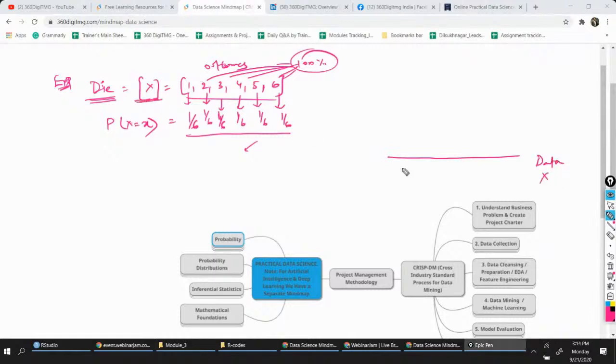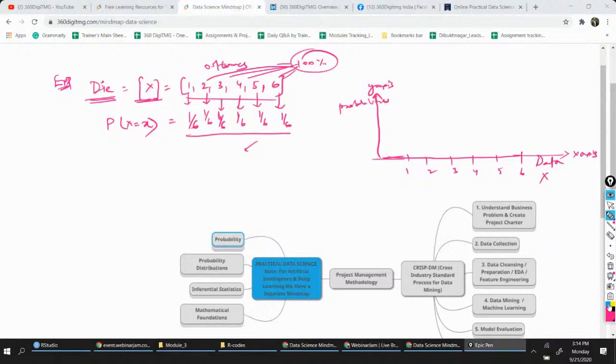X. What is X? 1, 2, 3, 4, 5, and 6. So on the x-axis, I'm marking my data, and I will mark the respective probabilities on the y-axis.